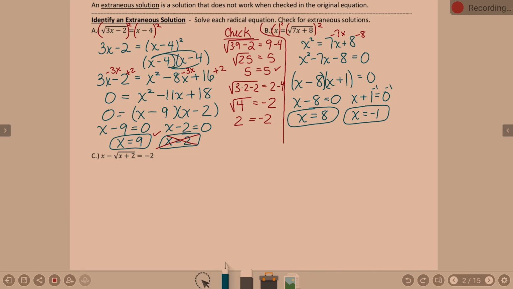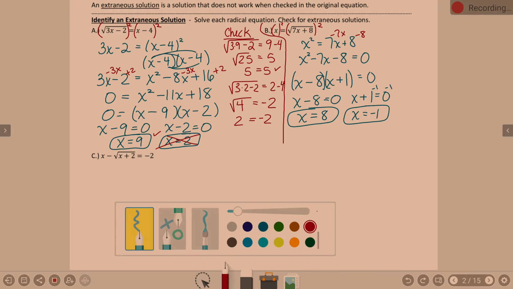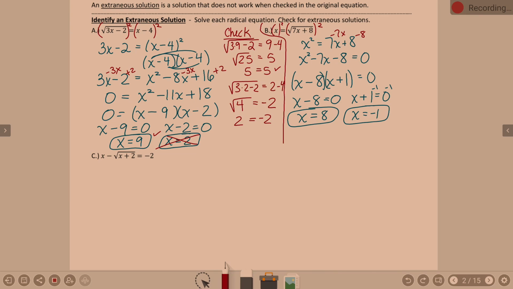What am I going to say before we move on? You've got to do a check here, okay? There was an x outside the radical that we squared, so we very possibly created an extraneous solution. So we do a check. I'm going to plug 8 in. So go to the very original.